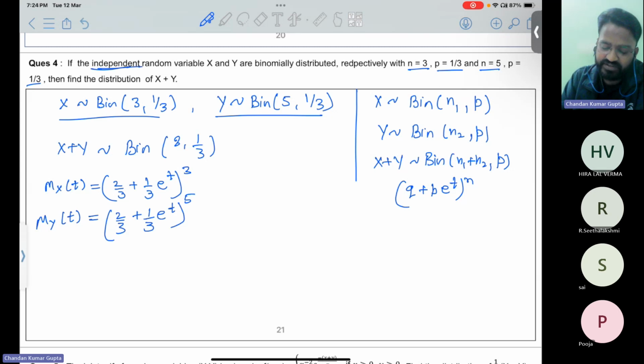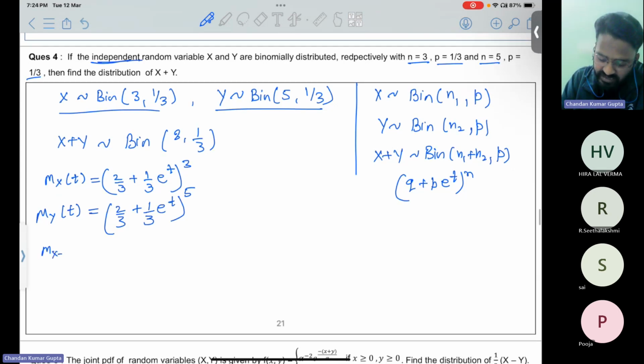It is given that they are independent, so in the case of independence, M(x plus y)(t) is Mx(t) into My(t).